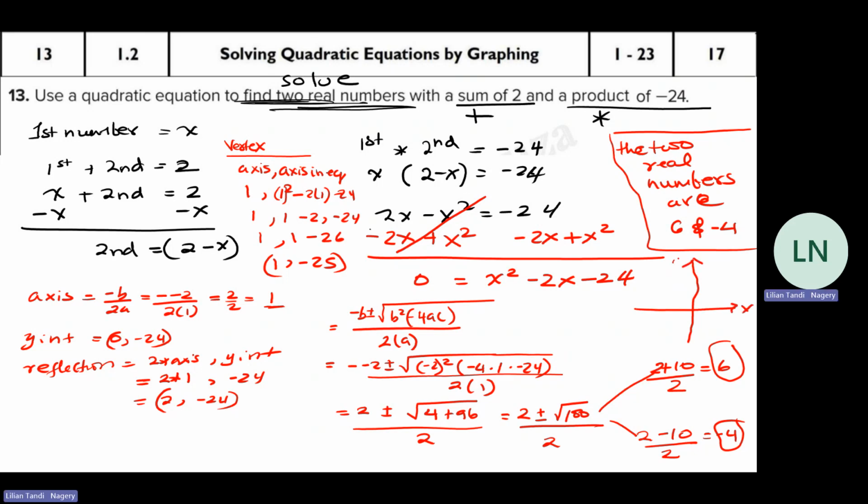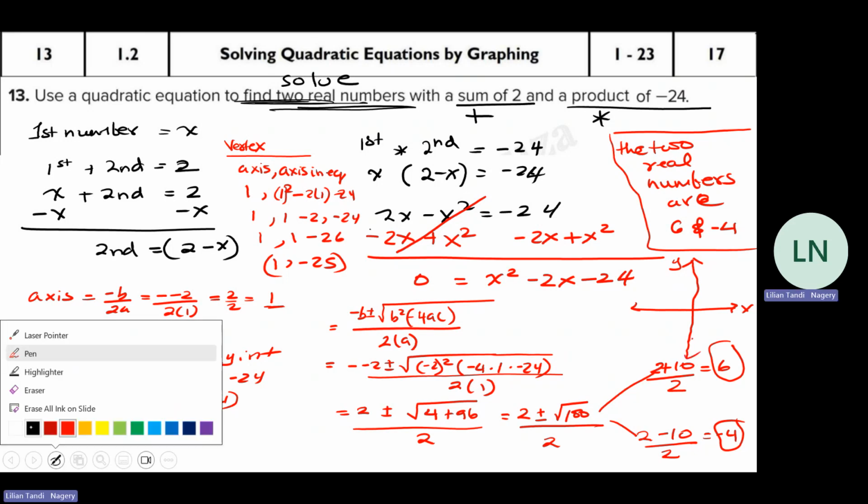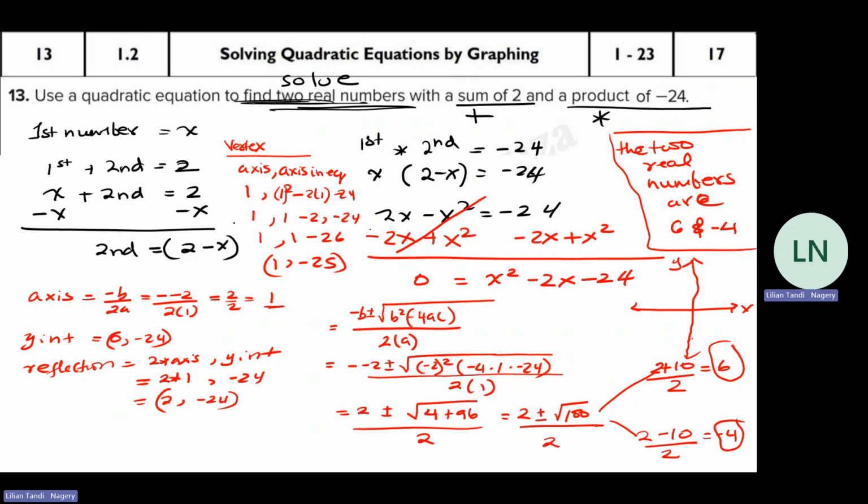This is x, this is y. All right, then your axis of symmetry is at 1. So this number here should be 1. Your answers should be at negative 4 and 6. Okay?